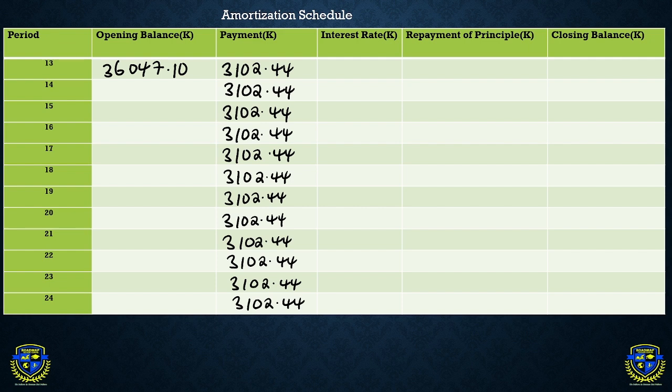So we continue. The interest being 0.5% as usual, whereby when you divide it by 100, it's going to be 0.005. Okay.